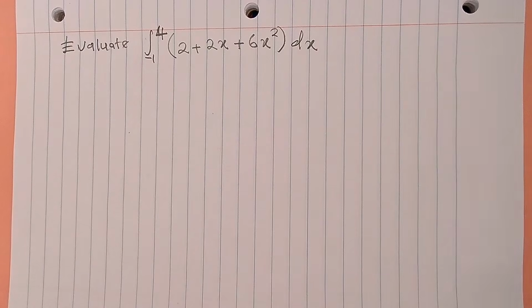Like that, right? So we have 2 plus 2x plus 6x squared with respect to x.